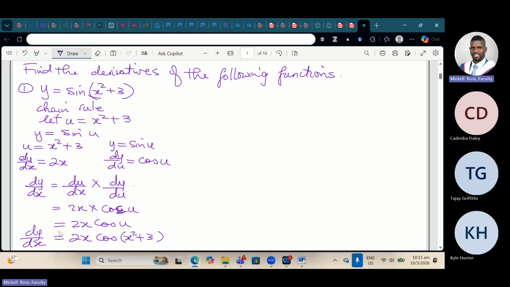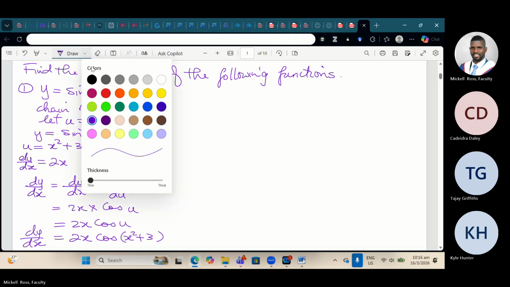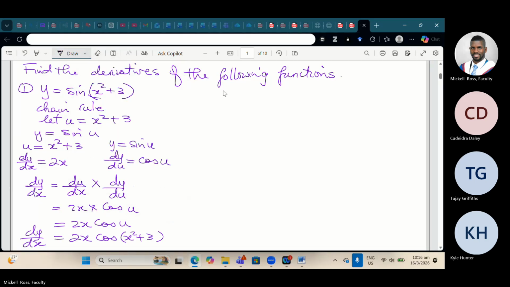All right. Another way we can do it is not using the chain rule. Y is equal to sine of x squared plus 3.